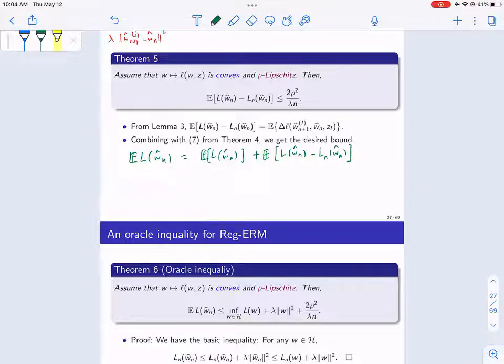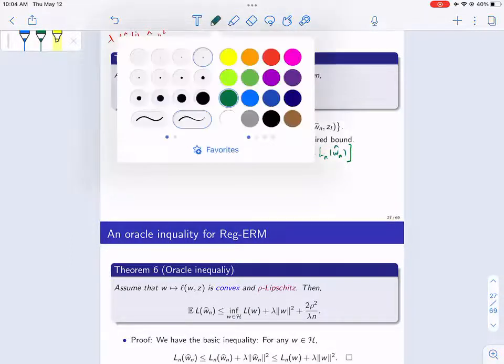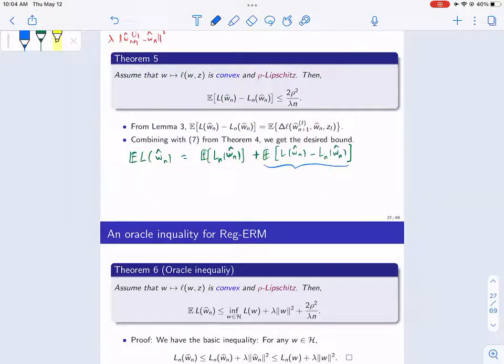The second term is bounded by that theorem. The first is the empirical loss of W hat n in expectation, and this is the deviation. This deviation we can control just by stability arguments, bounded by 2 rho squared lambda over n. So the question is, how do I control the first term?